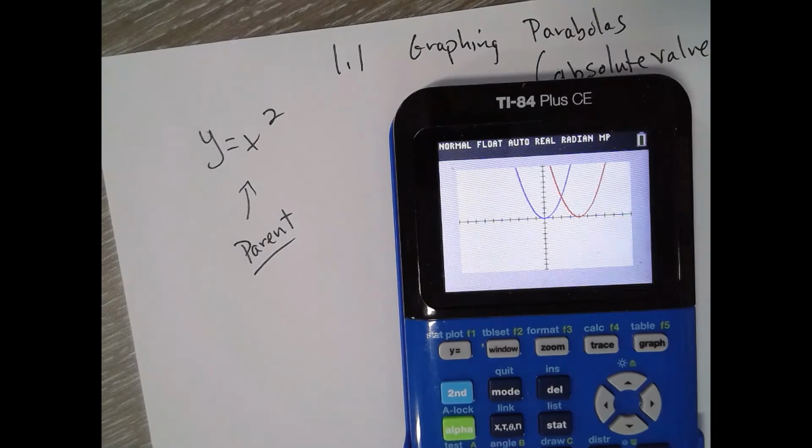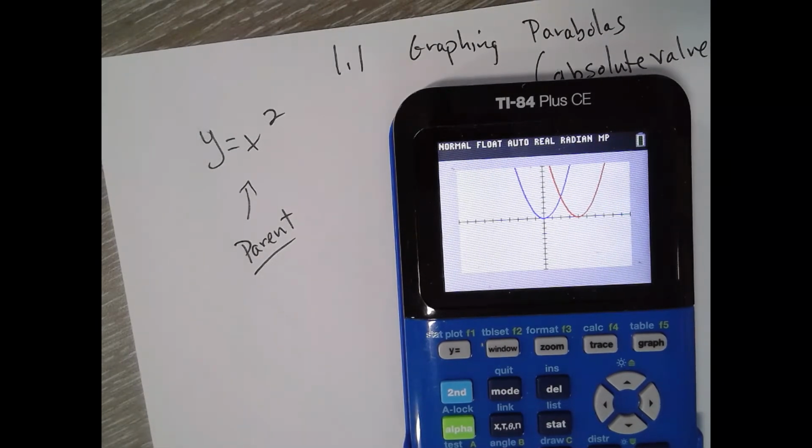Now, we're going to learn this year about parabolas, absolute values, exponentials, a little bit of logs, cubics, and lots of different types of functions. If you understand what we do with parabolas, that's going to carry over very well to the other functions. It's pretty consistent.